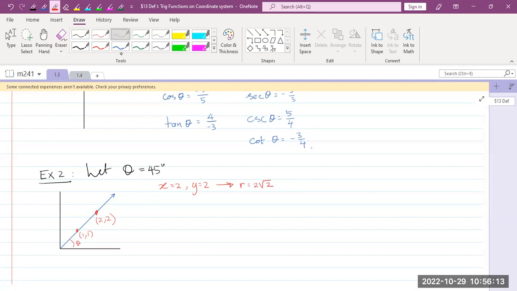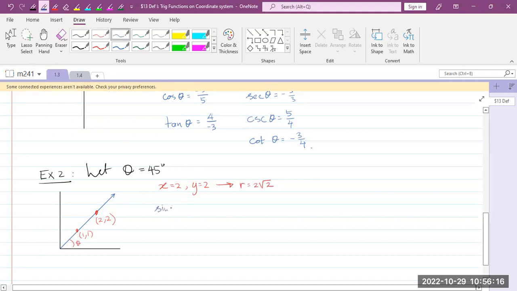Now the sine of 45 degrees will be y over r. Notice that the 2 cancels, and if we rationalize, we get radical 2 over 2. Likewise, cosine 45 degrees is exactly the same thing, but this time it's x over r. The x is also 2, the r is also 2 radical 2, which simplifies to this.